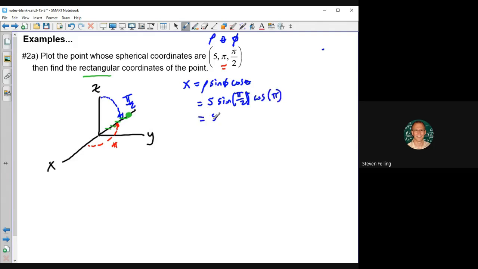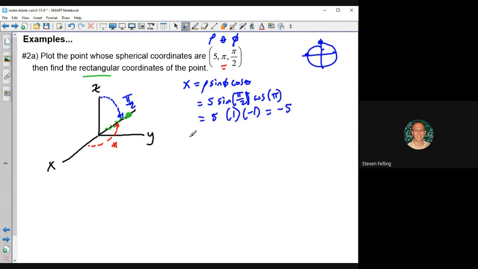So let's see, a little unit circle here. Sine of pi over 2, so pi over 2 is up here, sine would be 1. And cosine of pi is over here, cosine would be -1. So this would in fact be -5.